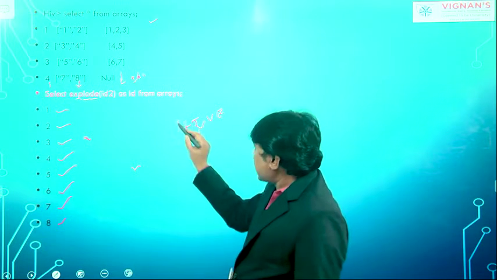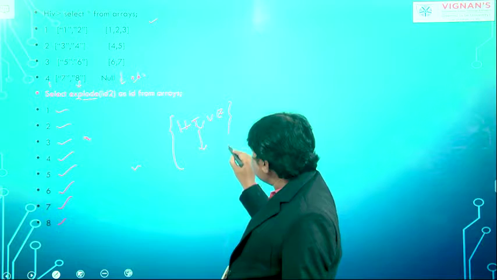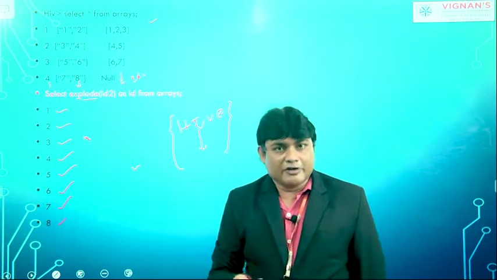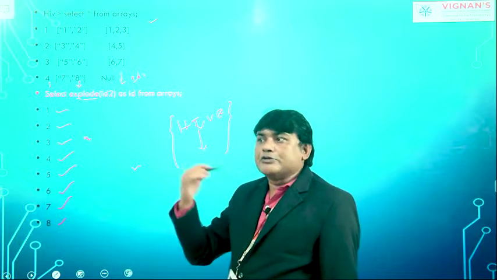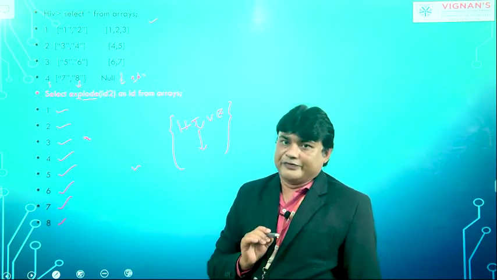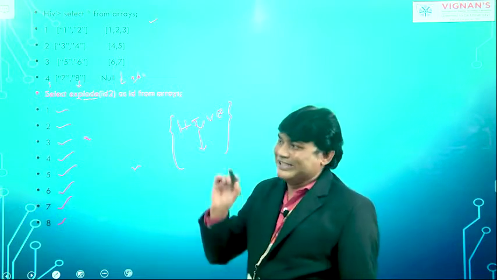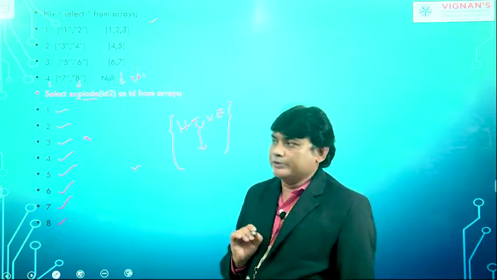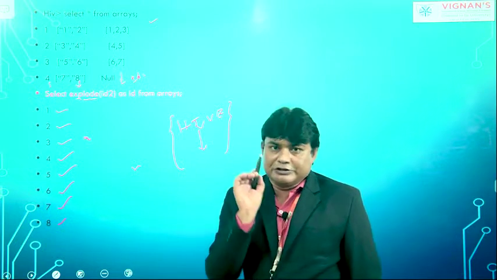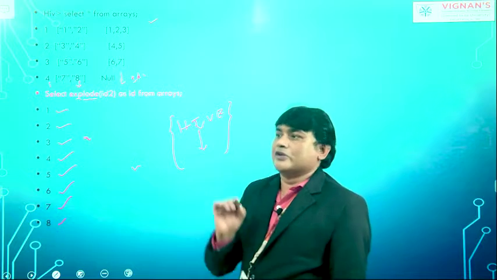This Hive came because the Facebook developers don't know Java, and when they want to interact with Hadoop, they need some interface. Through that interface they can work with Hadoop, process data, and get results from Hadoop. For that, Facebook created this interface which is called Hive.